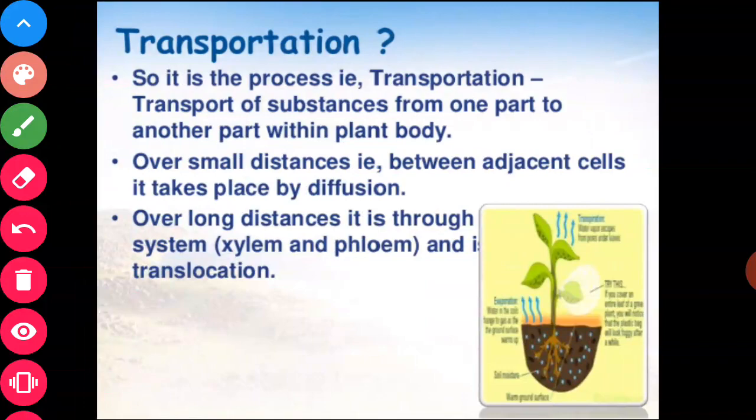Transport means to carry things from one place to another place. In biology, transportation is a life process in which a substance is absorbed, or we can say a substance is made at one place and is carried to other parts of the body.